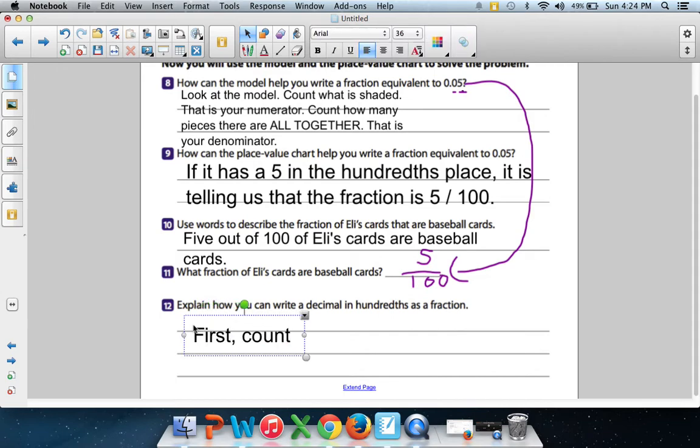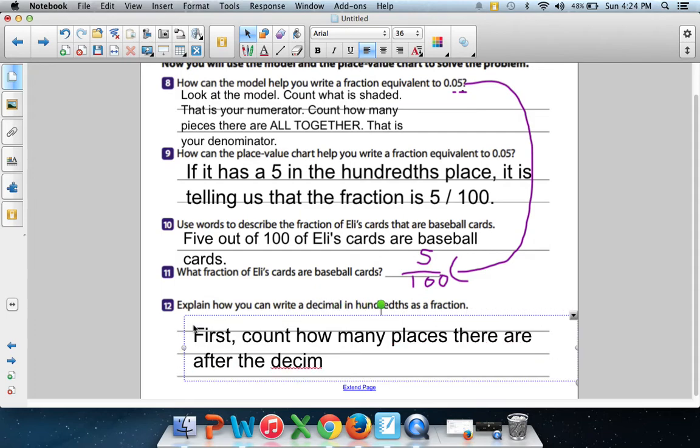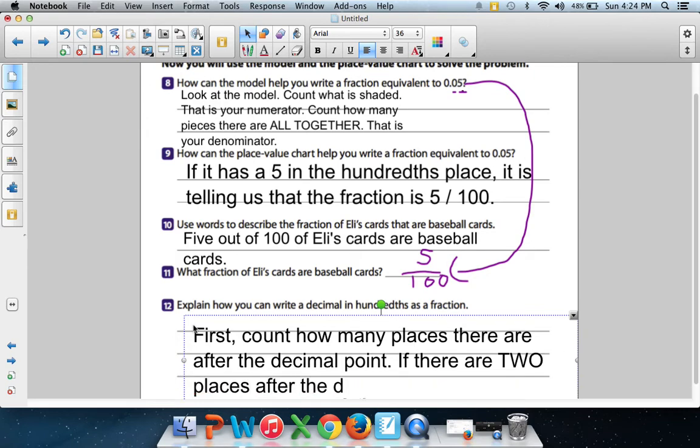First, count how many places there are after the decimal point. If there are 2 places after the decimal point, your fraction will... What the heck? I can't see what I'm writing.